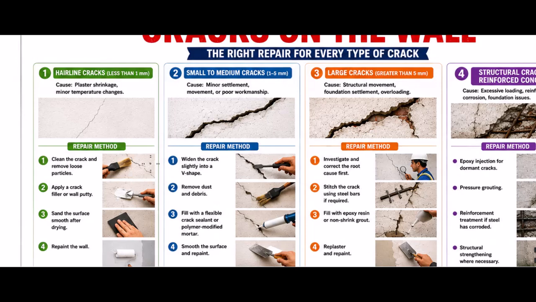Let me repeat the first step again: investigate and correct the root cause first. Step 2, stitch the crack using steel bars if required. Now, these steel bars are placed perpendicular to the line of crack. Step 3, fill with epoxy resin or non-shrink grout.